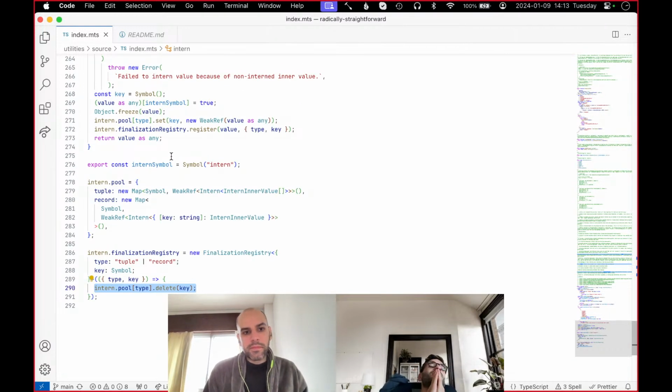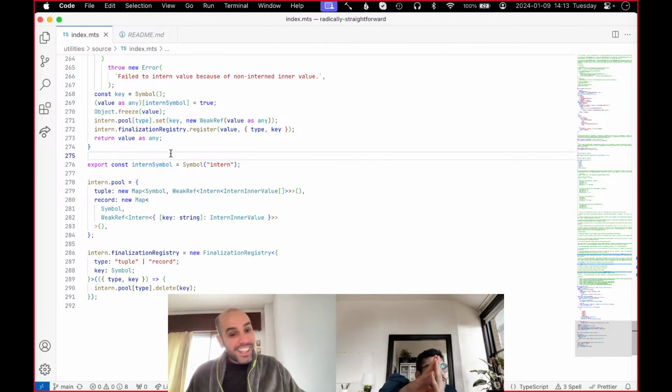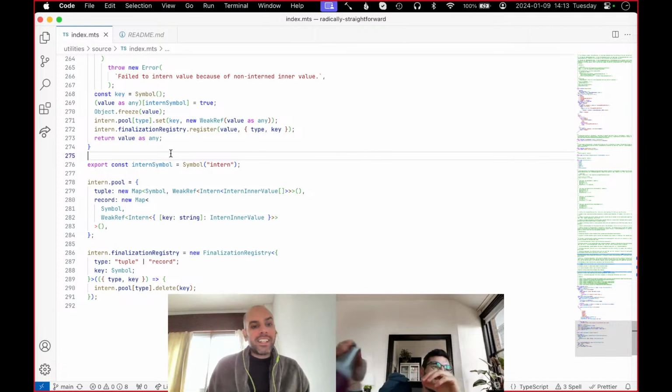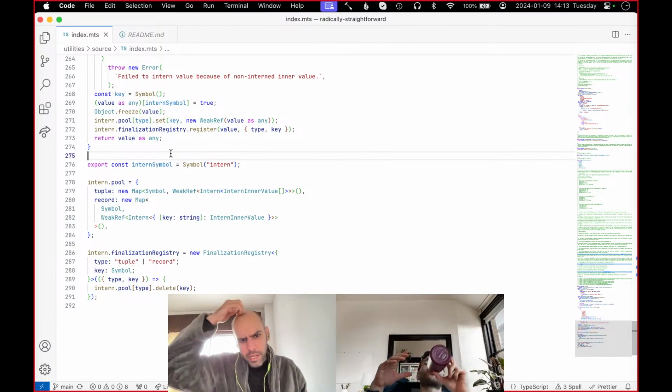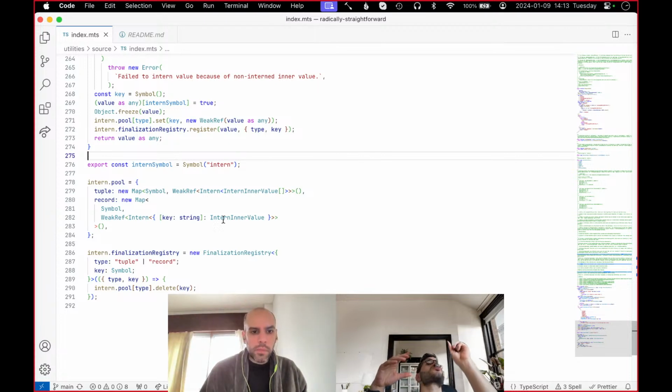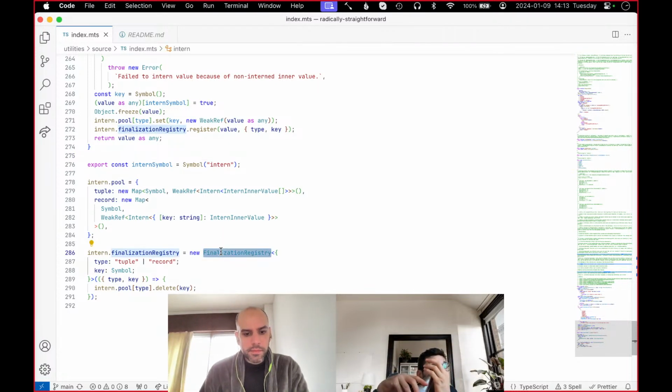Wow, that's very clever. Isn't it? I thought it was super cool. And that's really cool. I hadn't heard of finalization registry. I guess this won't be supported in all browsers, but the finalization registry is supported in all browsers, yes. Really? Okay, wow. Because I hadn't even heard of that. That's really cool.